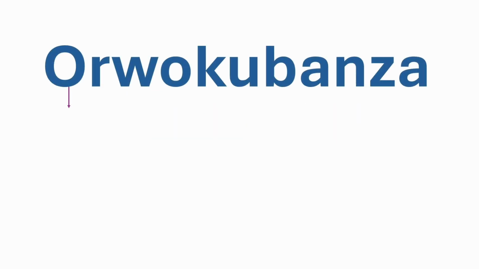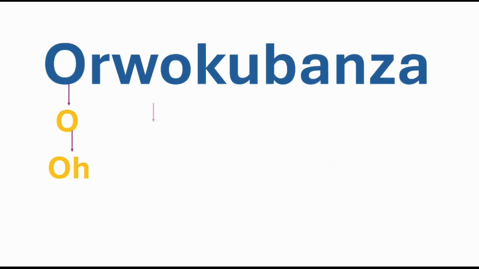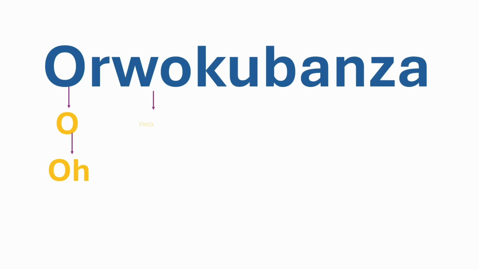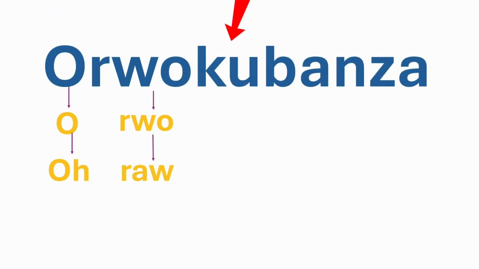Orwokubanza. O is the same sound as in the English vowel O. Comment if you get that sound, please. RWO is row, as in the word row. K and U is ku, as in the word cool.